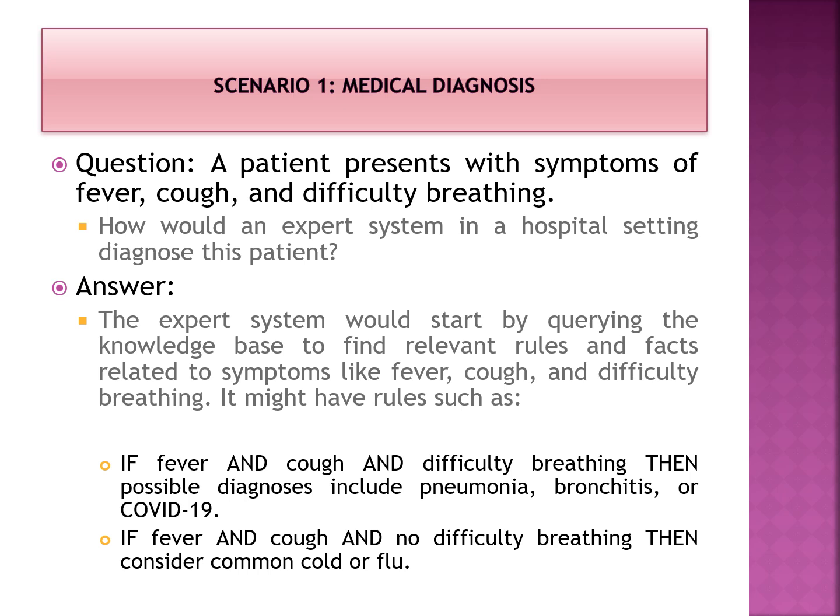For example, if fever is there and cough is there, then it checks whether difficulty in breathing is also there. If this condition is true, if the patient suffers from fever, cough, and difficult breathing, then the possible diagnosis would be pneumonia, bronchitis, or otherwise COVID-19 disease diagnosis would be done.